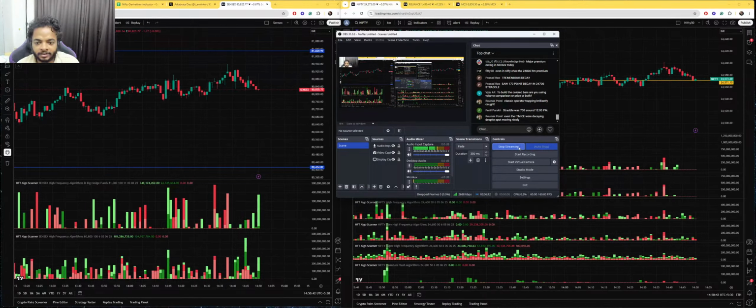Even in the money, see we're decaying despite spot moving nicely. Yes, the spot was moving up, but decay happened.